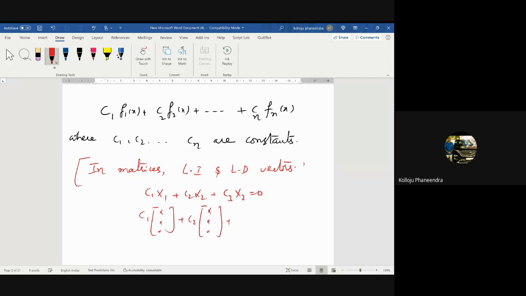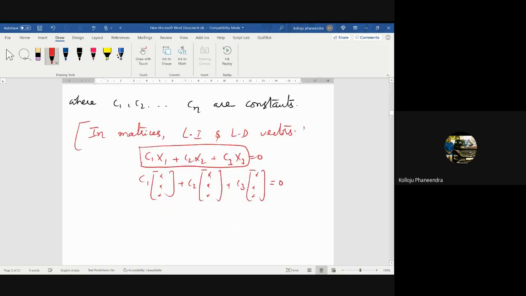To decide whether the given vectors are linearly independent or dependent, what we did, this is called linear combination. A linear combination of three vectors equal to 0, that means 0, 0, 0, right? Then you will get a system of equations in C1, C2, C3. Got it? Do you remember?